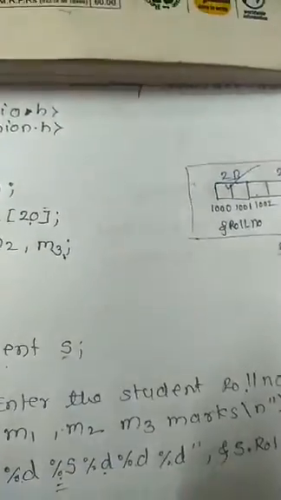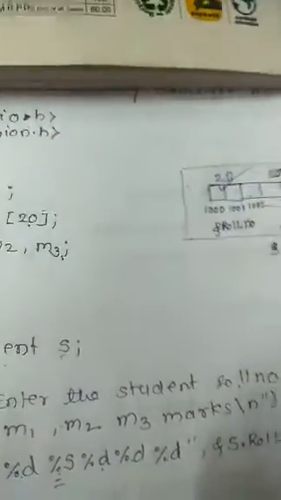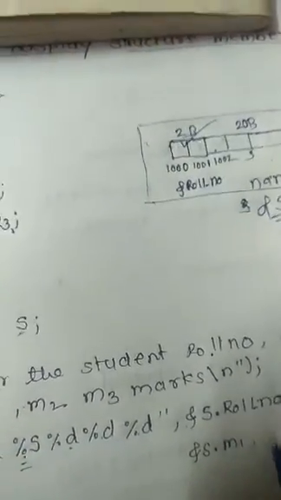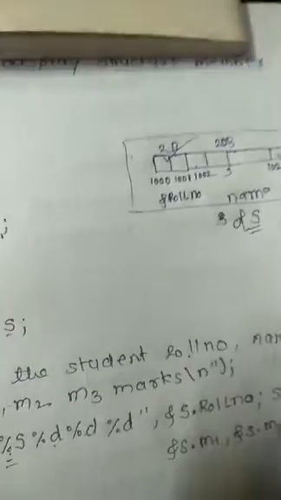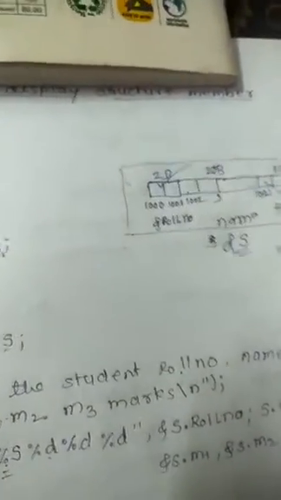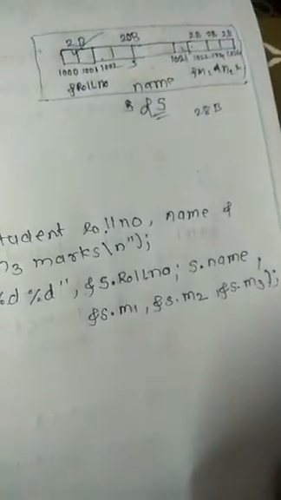Who knows these M1, M2, M3 marks? S knows. So address of S dot M1 comma address of S dot M2 comma address of S dot M3, close bracket and semicolon.